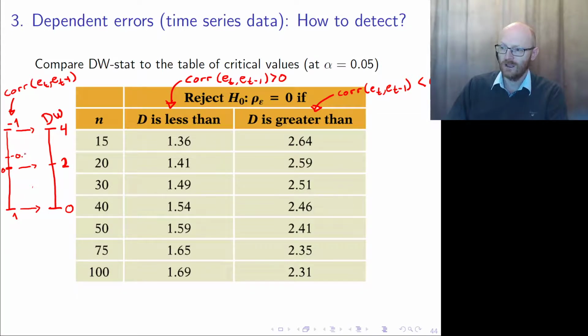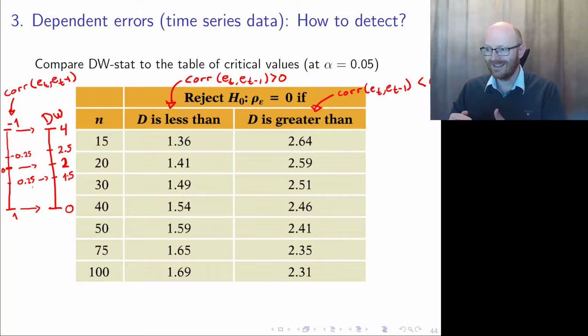And an interesting point here on the graph is that if you have a correlation of negative 0.25 or a correlation of 0.25, then that corresponds to a value of 1.5 for a positive correlation, and a value of 2.5 Durbin-Watson statistic for a negative autocorrelation.